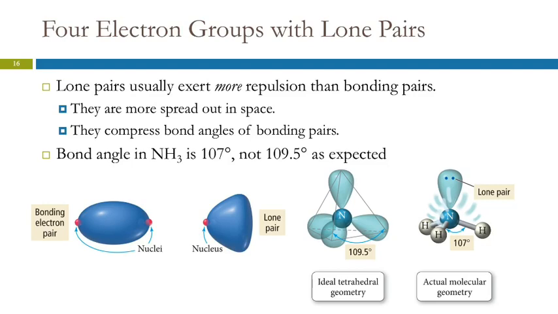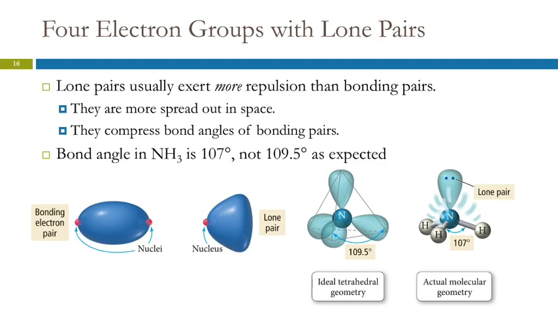That's a good question. So essentially you're asking, do I need to remember that nitrogen has a bond angle of 107? No. What I want you to remember is that nitrogen has a bond angle that's less than 109.5. Because they're going to vary, right?